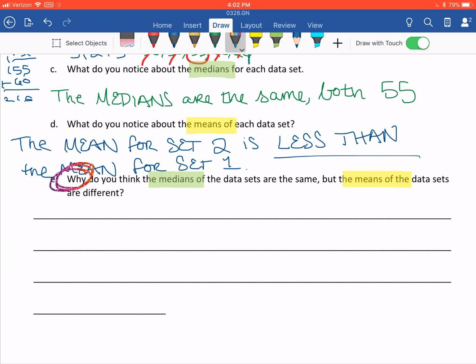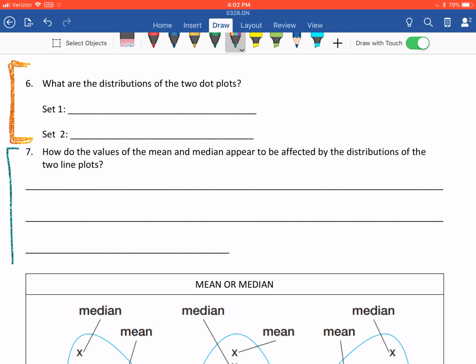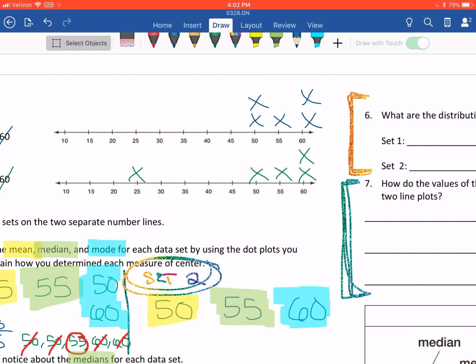Then you are going to move on over to this page, and you're going to tell me what are the distributions of those two plots of set 1 and set 2. And then you're going to tell me, how do you think the distributions affect the mean and the median? So you're going to come over here. You're going to draw your lines.